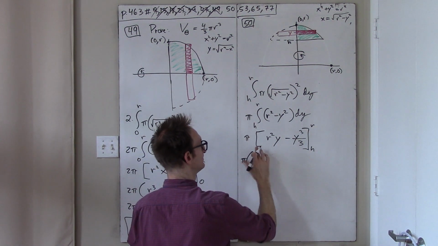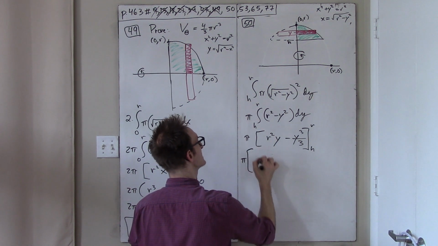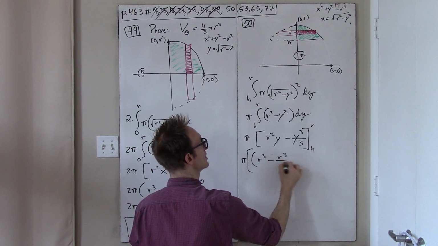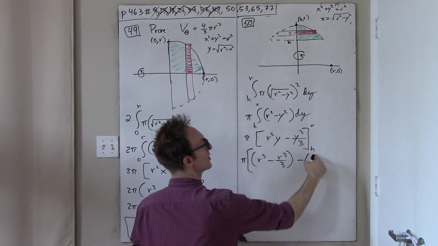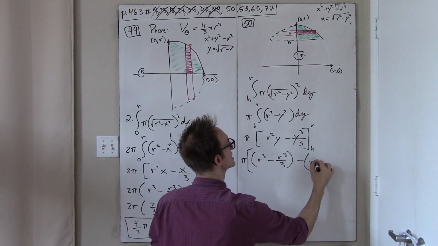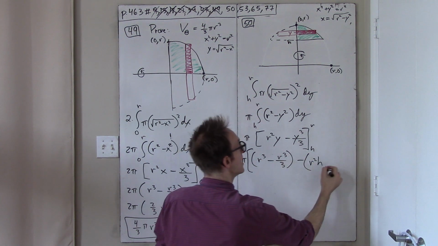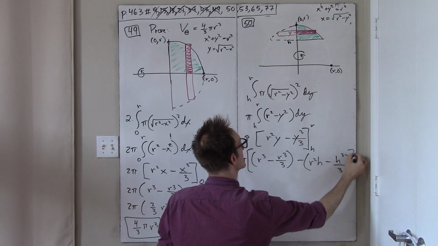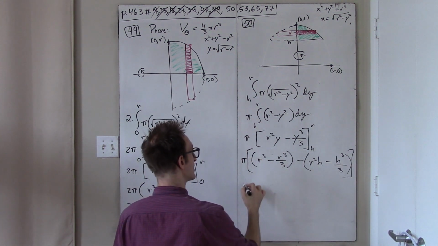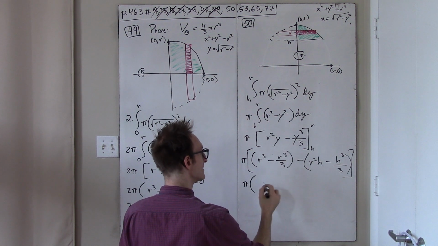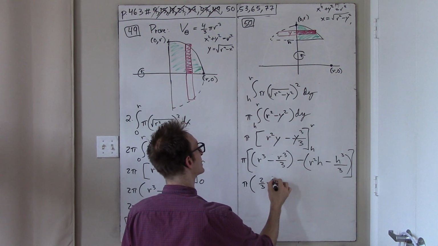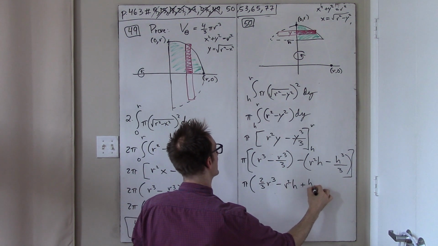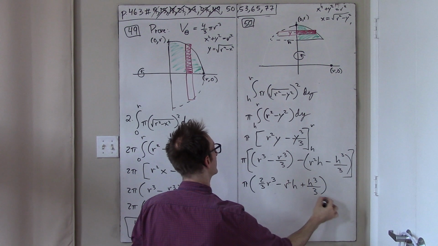So I get pi times, when I plug in r, r cubed minus r cubed over 3, minus what happens when I plug in h for y, which is r squared h minus h cubed over 3. And so in fact we get pi times 2/3 r cubed minus r squared h plus h cubed over 3.